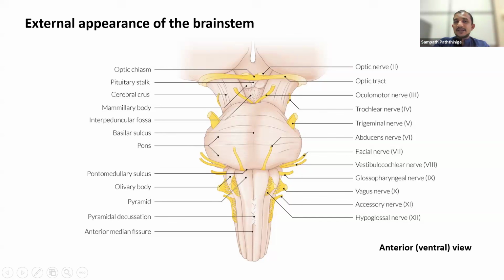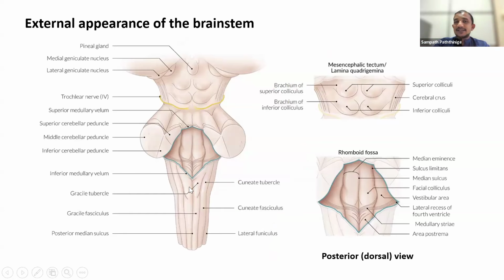In the posterior aspect, in the upper medulla, we see the gracile and the cuneate tubercles. Those are the areas where you find the gracile and cuneate nuclei. And behind the upper medulla, you have the fourth ventricle, and also behind the pons.